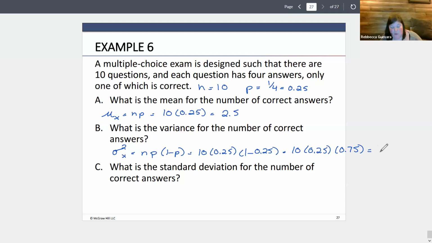And that is going to give me 1.875. So if I just want the standard deviation, that is going to just be the square root of 1.875, which is going to give me approximately, this one's the only one I'm rounding, 1.369.